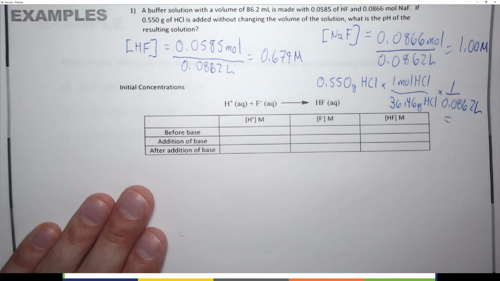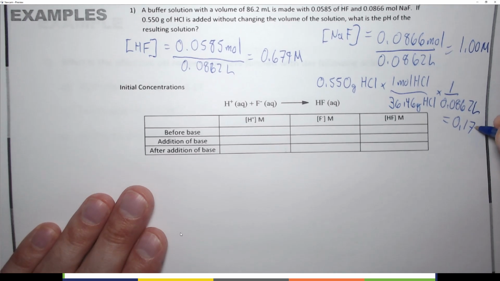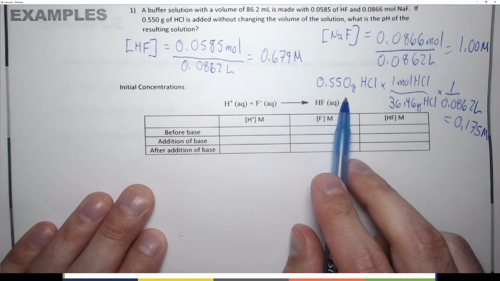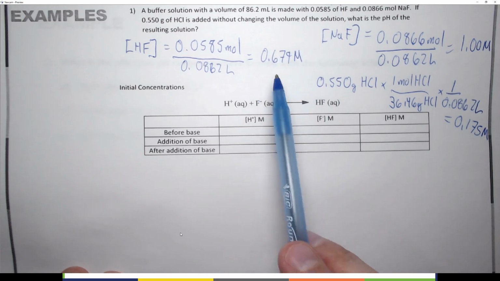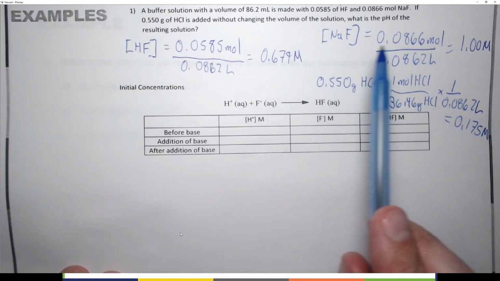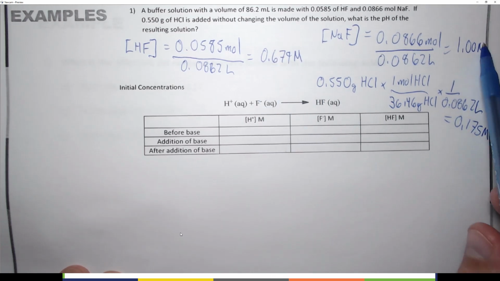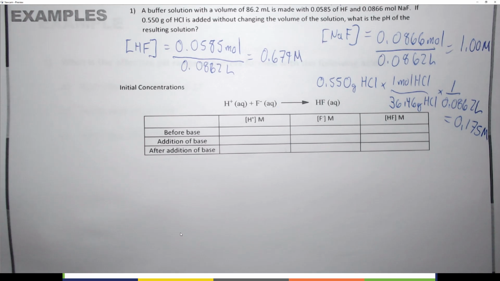And when I do all that math, I have 0.175 molar HCl.